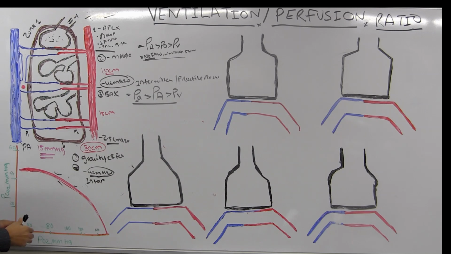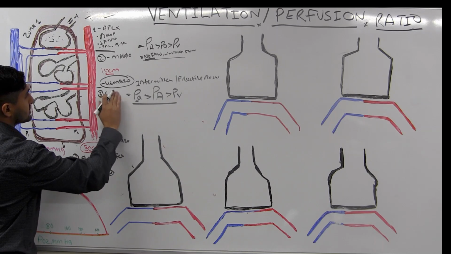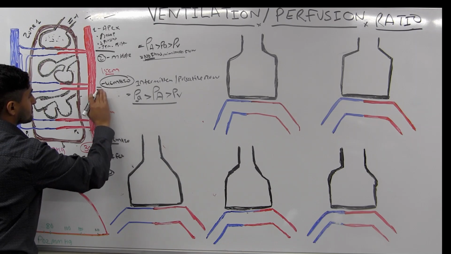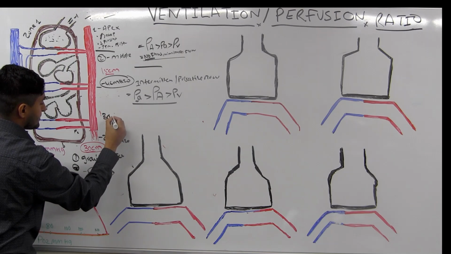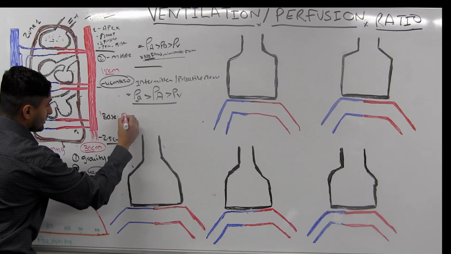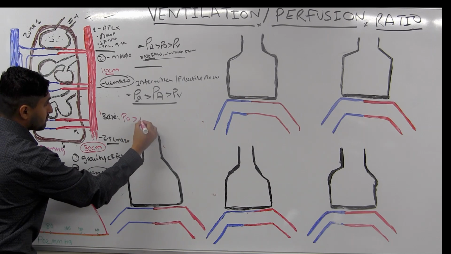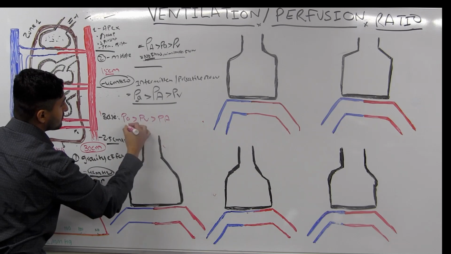So in that case, what really happens at this base is that, this is the middle zone, all right, let's just write down, this is middle right here, and this is just your base here. In this case, your pulmonary arterial pressure is going to be greater than pulmonary vein pressure, and the pulmonary vein pressure is greater than your pulmonary alveolar pressure.